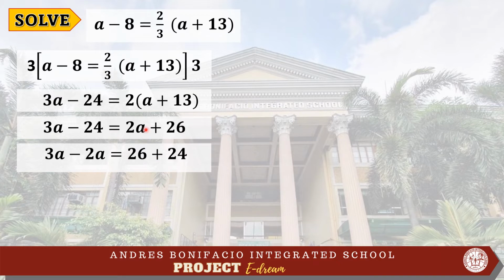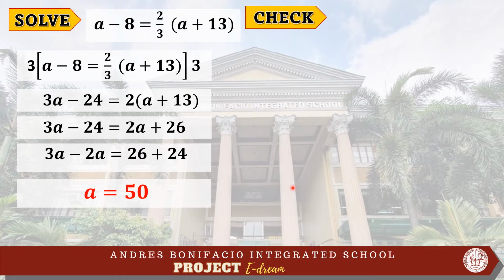So positive 2A transposing to the other side becomes negative 2A. Negative 24 transposing to the other side becomes positive 24. Simplify now. 3A minus 2A is A. 24 plus 26 is 50. So we can say now that Lito's age at the present is 50.